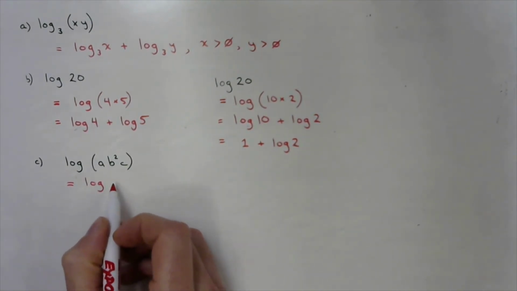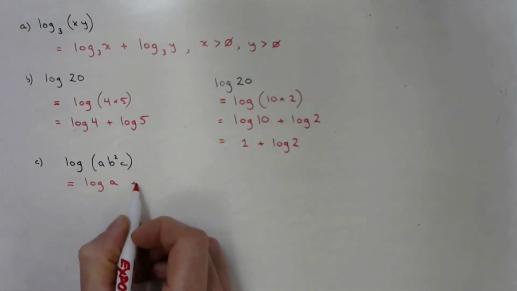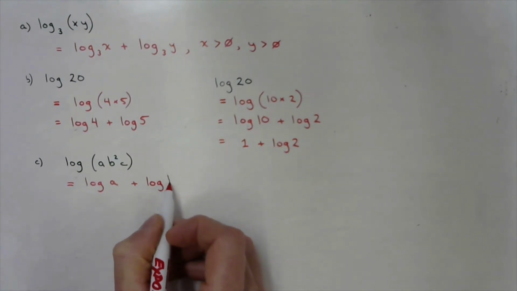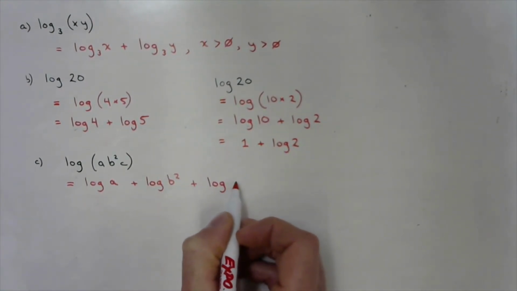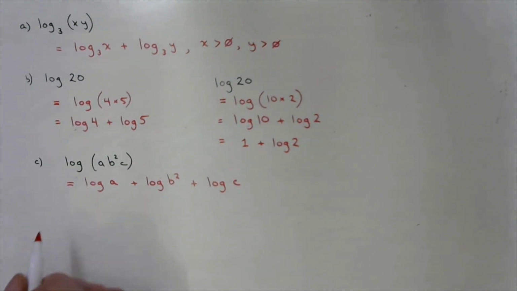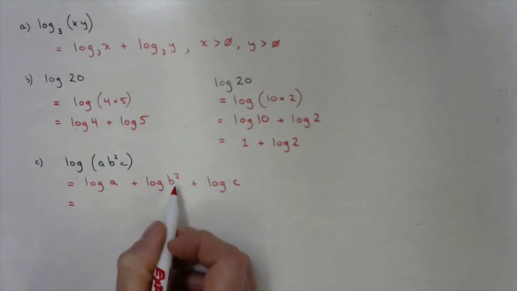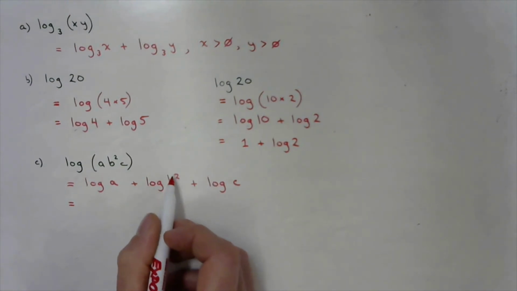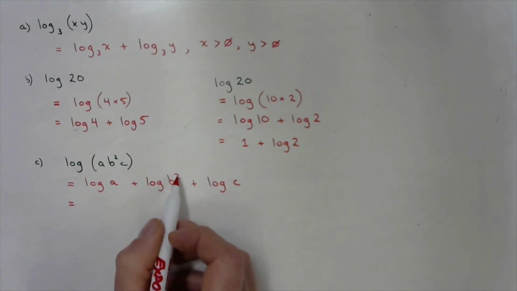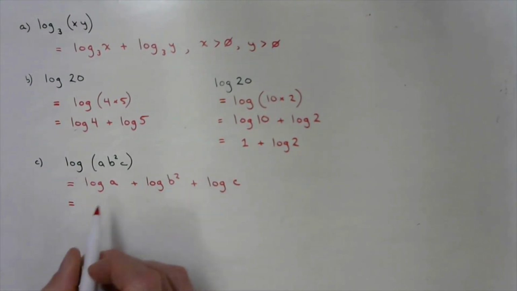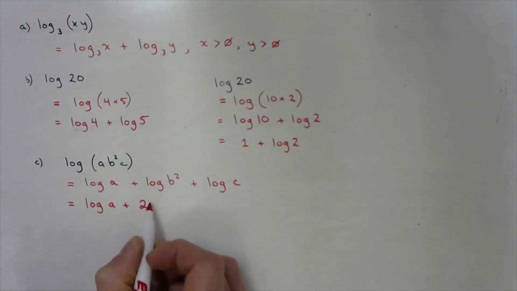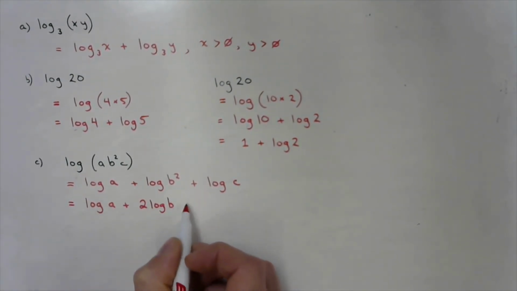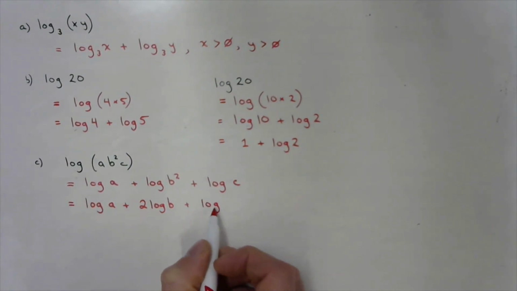In the first step, you should end up with the log of a plus the log of b squared plus the log of c. What else could we still do? We can take this exponent using the power law of logarithms and bring it down in front. So now you've got the log of a plus 2 times the log of b plus the log of c.